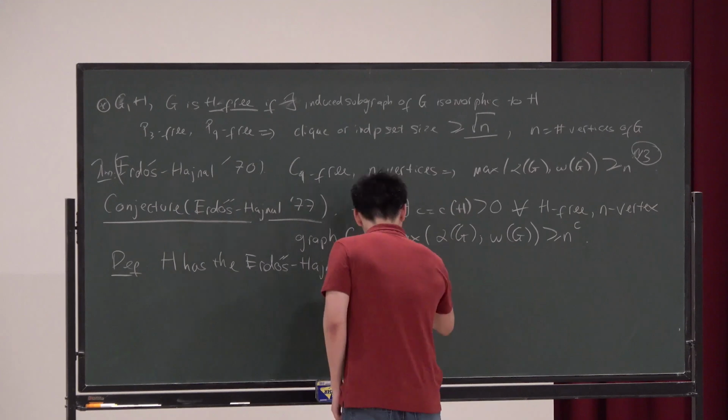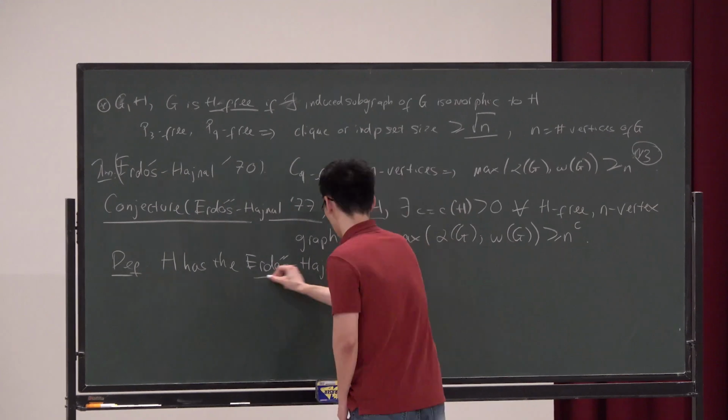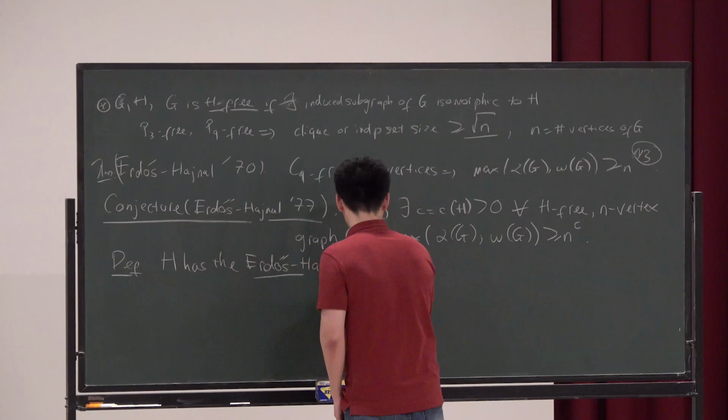So H has the Erdős-Hajnal property if it satisfies the conjecture.